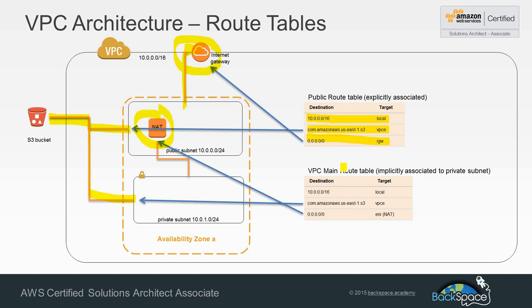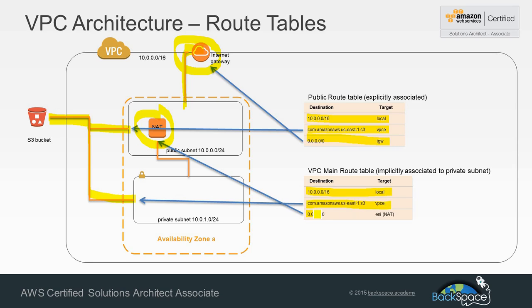Now we have the VPC main route table. That is implicitly associated to the private subnet, and it will be implicitly associated to any subnet that doesn't have a route table explicitly associated to it. Again, we've got our local traffic route and our VPC endpoint for the S3 service.